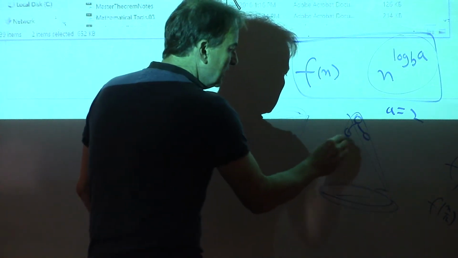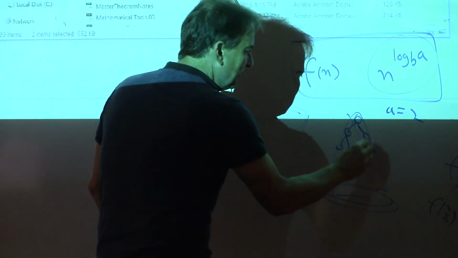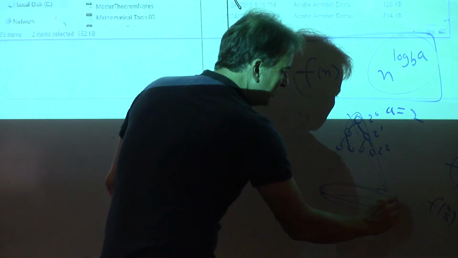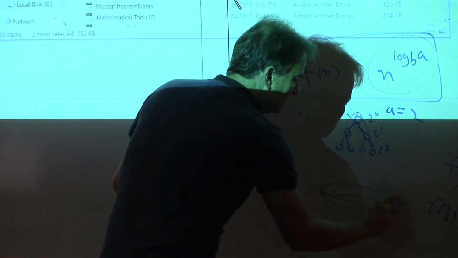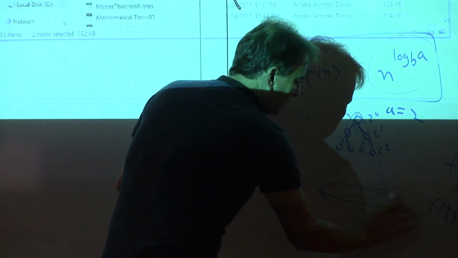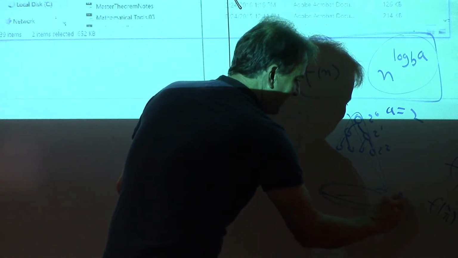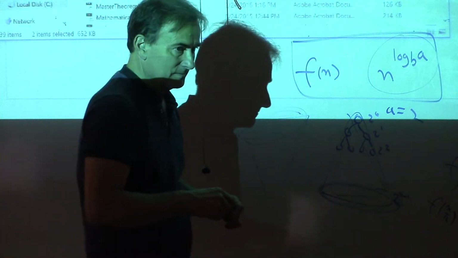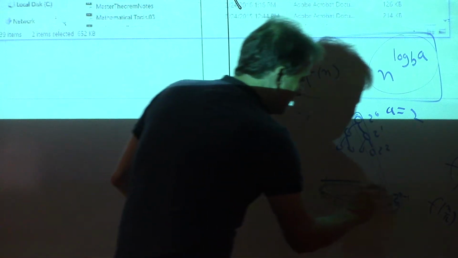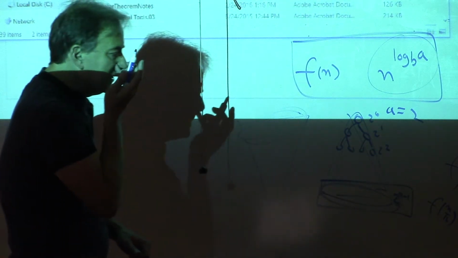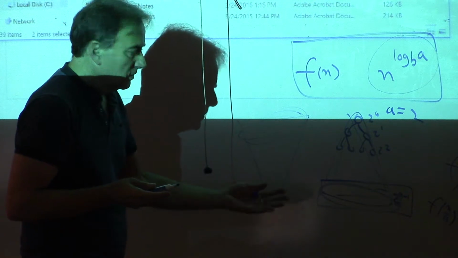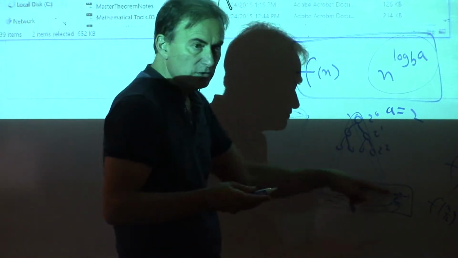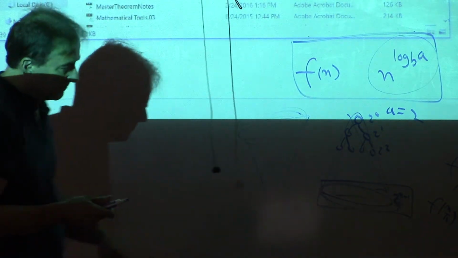So we have 2 to the 0, 2 to the 1, 2 to the 2, and finally 2 to the n minus 1. Look over here. How much work is being done at the bottom level? Exactly 2 to the n minus 1 work, because each of them is doing unity work at the leaf level.